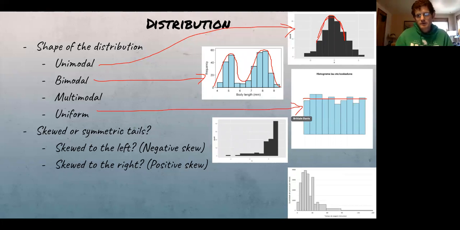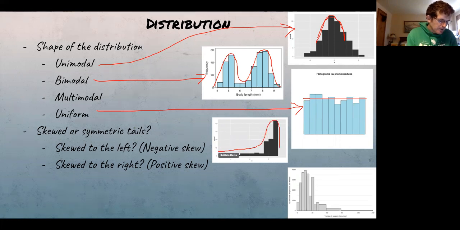So these are all great ways of describing your distribution. Now, you can get a little more nuanced than that too, because you could have it skewed or symmetric. So here we have what's called a negative skew, because if you were to kind of model that with a smooth curve, you do have a mode. It is unimodal. I think we can agree with that.